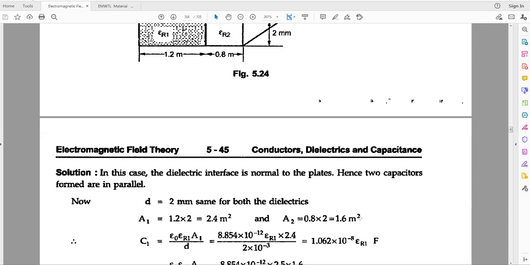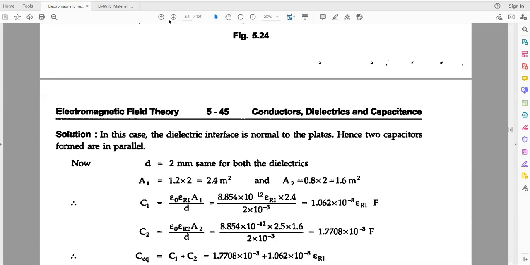So the capacitance of the two parallel plates is C equal to epsilon A by D. Now I am considering C1. C1 is equal to epsilon A1 by D1, where epsilon is epsilon naught into epsilon R1.